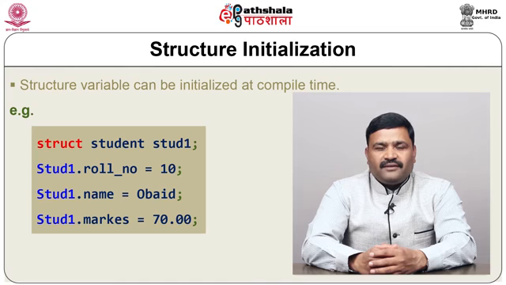If you want to display this information on the computer screen, then you need to write student 1 dot name, student 1 dot roll number, student 1 dot marks. Then the results are displayed: student 1 dot name displays Obed, student 1 dot roll number displays the roll number, and student 1 dot marks displays 70.0.